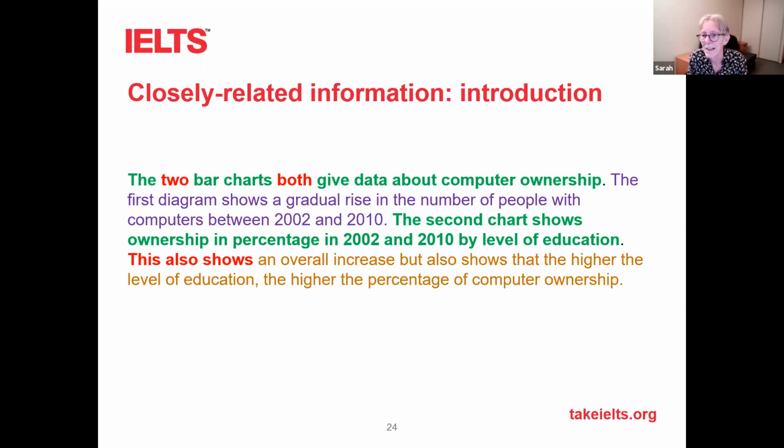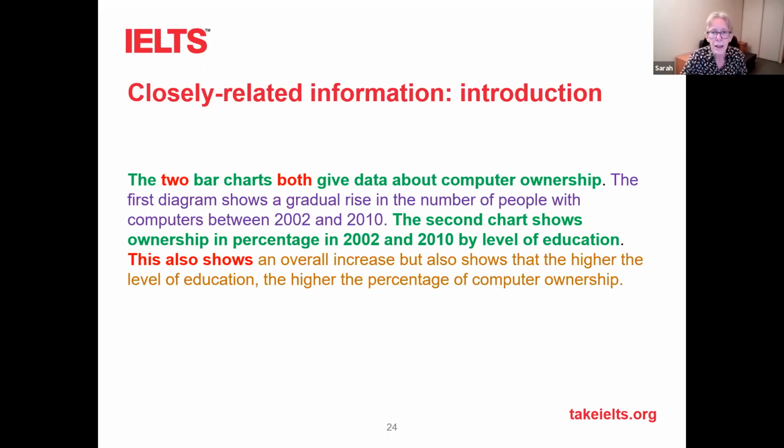Yeah, Michaela. It's the overview for the second one. So an overall increase, but also shows that the higher the level of education, the higher the percentage of computer ownership. So we've got rephrasing, and we've got the two overviews, and we've got the correlation between the two.